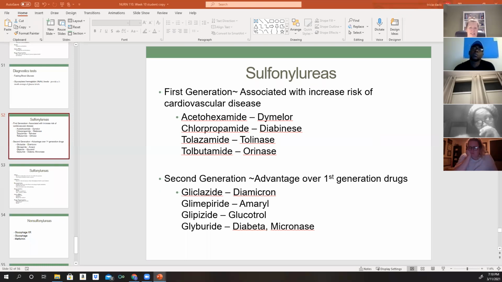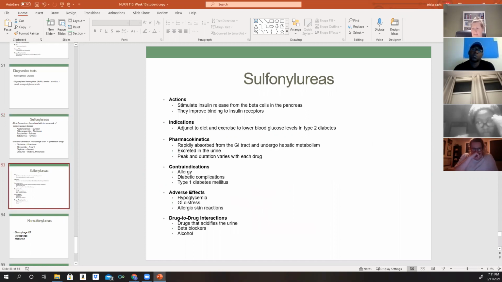They don't interact with as many of the protein-bound drugs as those first generations do, and they have a longer duration of action. So it makes it possible for these patients to take it only once or twice a day, which is better because then it increases their compliance. So what do these medications do?